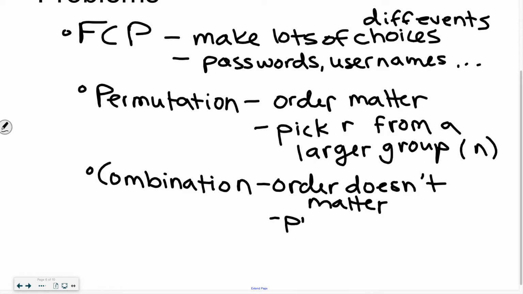And with this one, instead of pick, I like to write choose so that I keep the same letter as the combination. Choose R from a group.